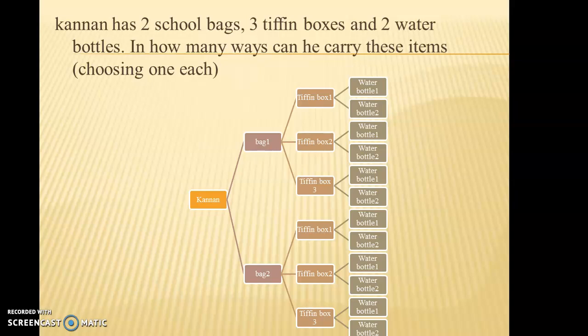For each bag, he has three different boxes, so he can choose one box out of three. Again, for each box, he has a choice of two water bottles. So you multiply 2 by 3 by 2, and you get 12 choices in total.